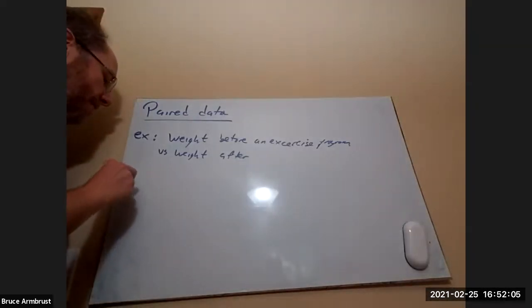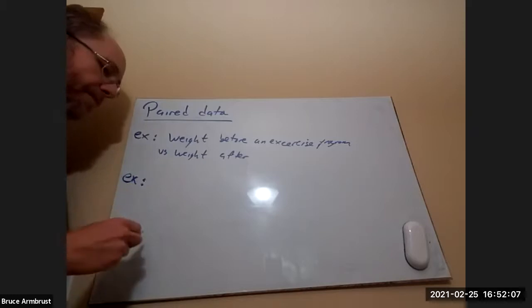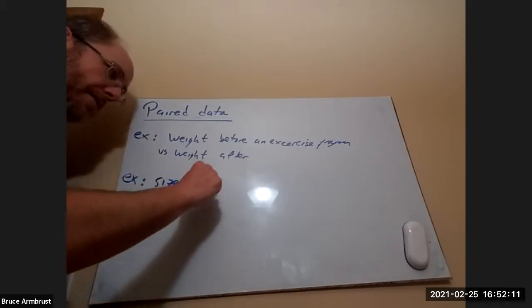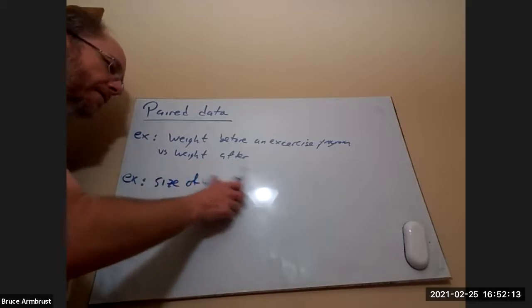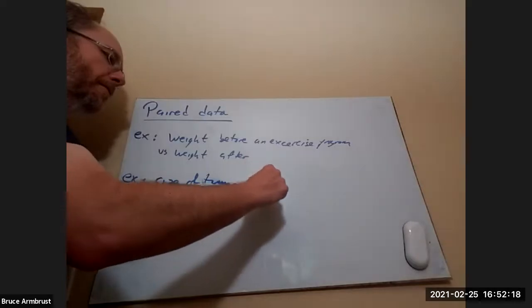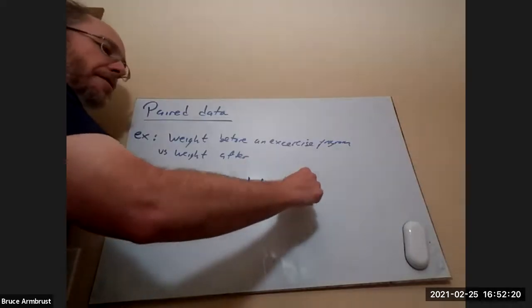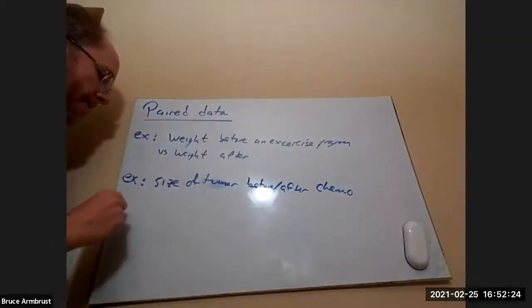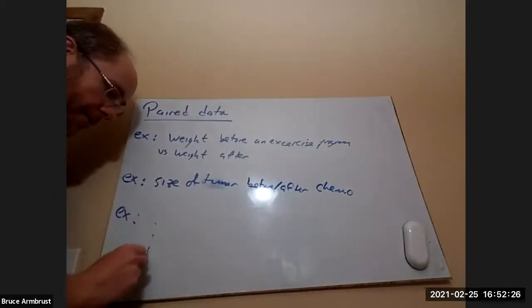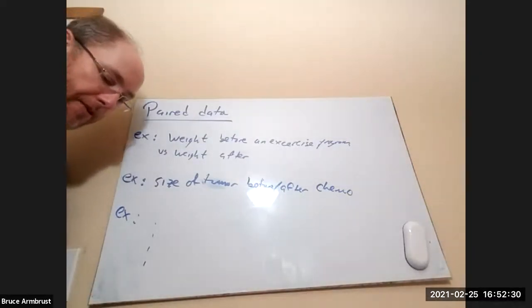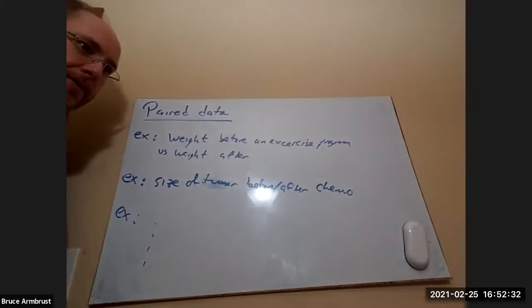Or it could be some sort of size of cancer, or size of a tumor, let's say, before and after chemo treatment, right? Or so on and so forth. Okay, so this is the kind of thing that we're going to want to use for a pre and post.